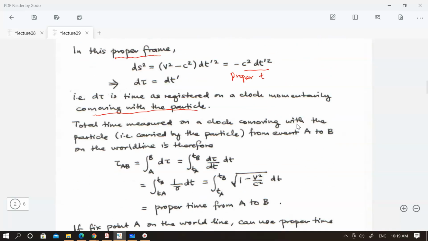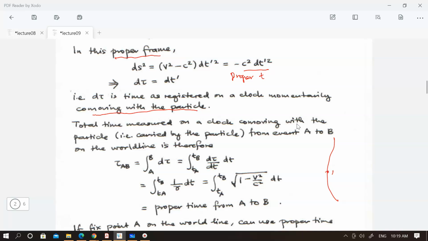So now I can start to talk about the total time taken by a particle to move along the curve. Say, for example, here you have your curve just now.